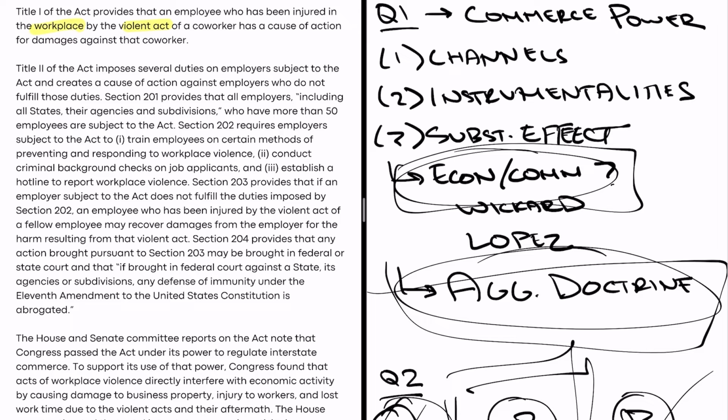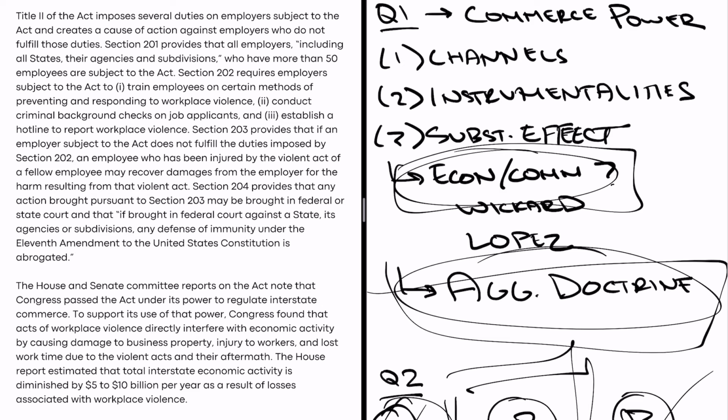We have to keep reading, though, to Title 2 of the Act. Title 2 of the Act imposes several duties on employers subject to the Act and creates a cause of action against employers who do not fulfill those duties. Section 201 provides that all employers, including all states, their agencies, and subdivisions, who have more than 50 employees are subject to the Act.